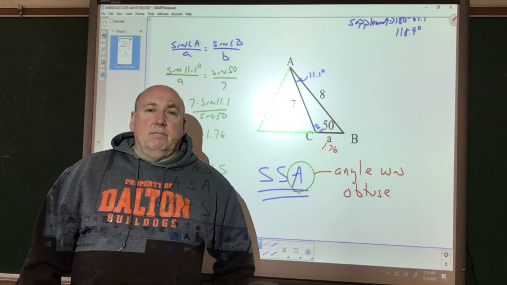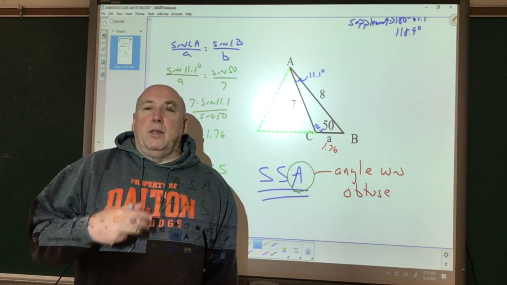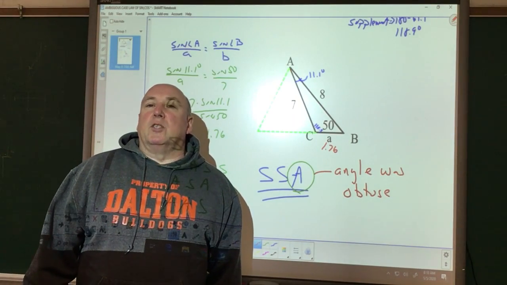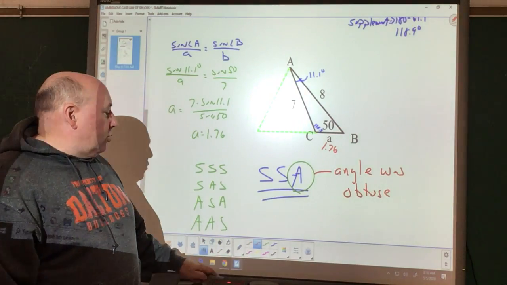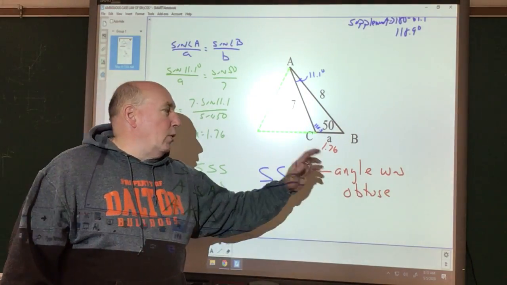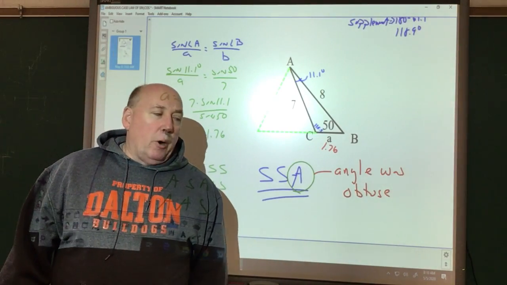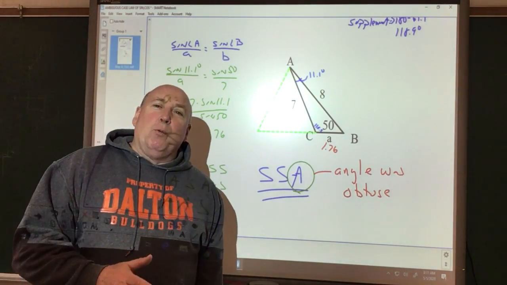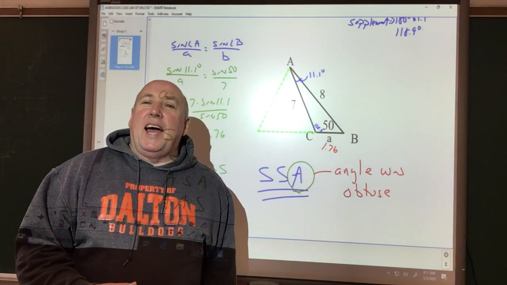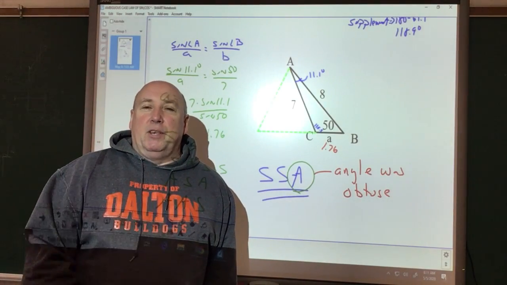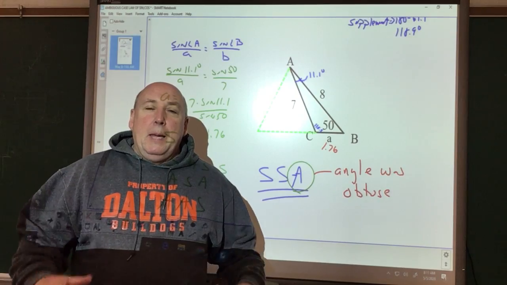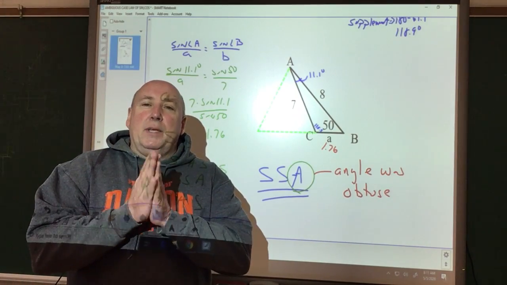But that's not a corollary. It should be. It could be the Gregory corollary of proving triangles congruent. But this angle would have to be obtuse for this to work, and it's not. So that is the reason why you don't have the side side angle postulate in proving triangles congruent.